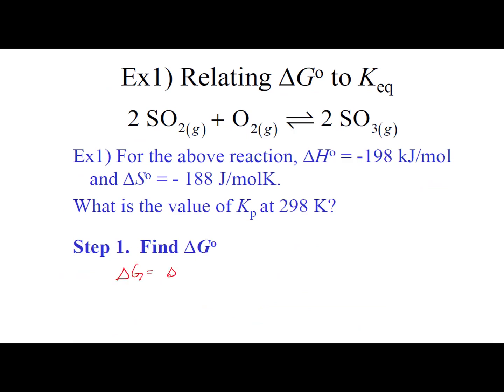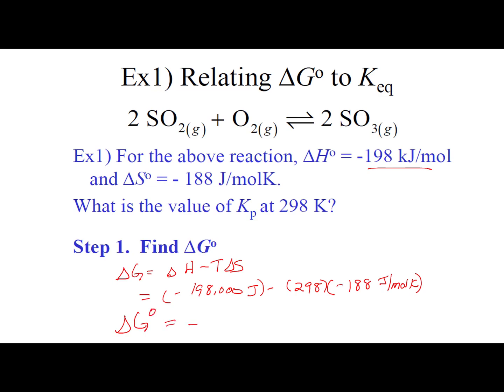So step number 1 is to find the delta G. And so delta G equals delta H minus T delta S. And so that will equal, we'll make this joules, negative 198,000 joules minus our T, which is 298, and then our S is minus 188 joules per mole Kelvin.